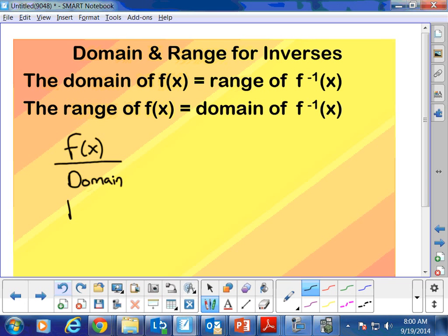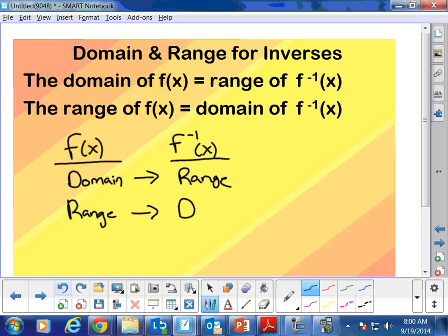And the reason why is that it makes our life easier as far as doing the inverse, because see, this is really the range of our inverse function, and this is really the domain of it.